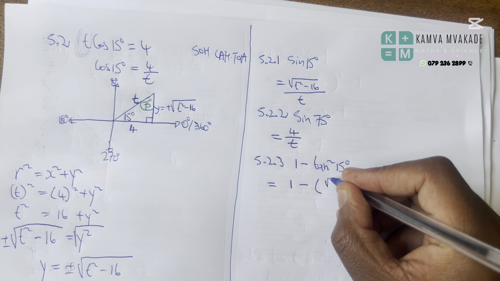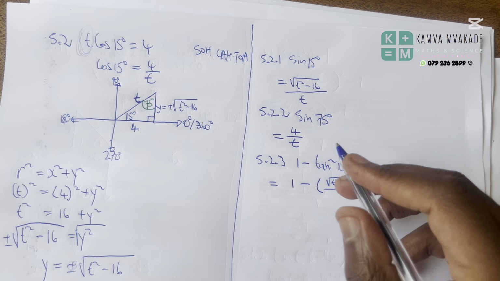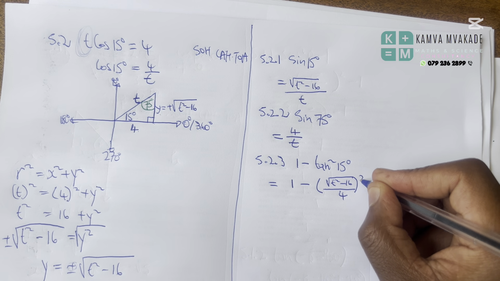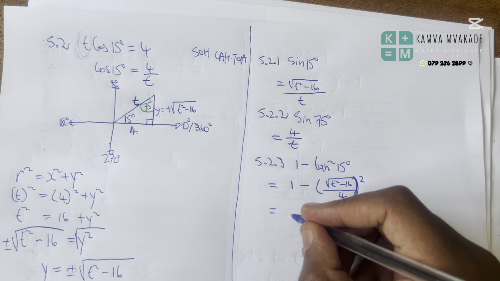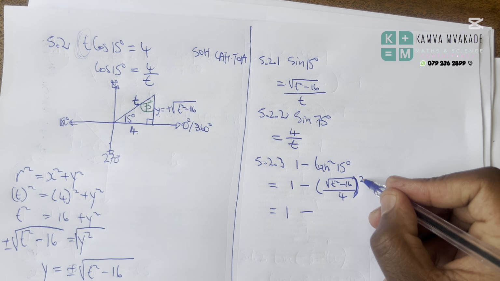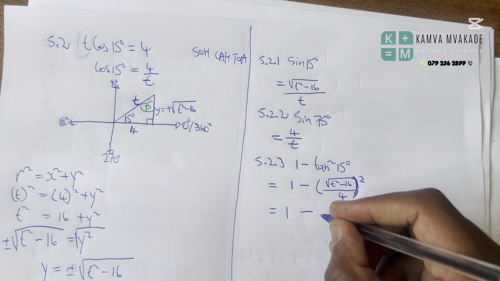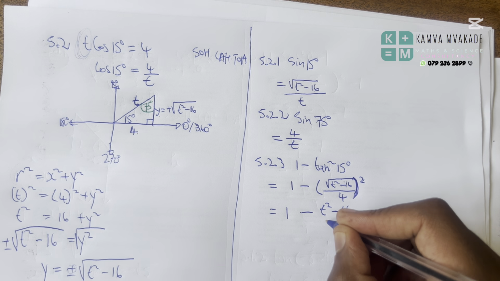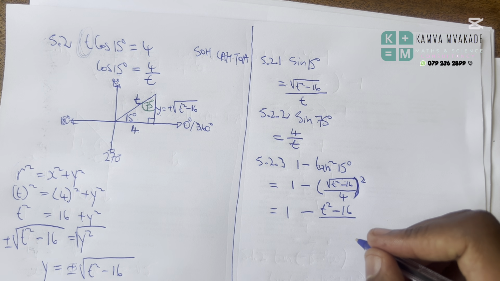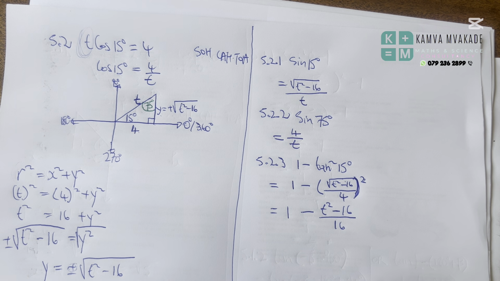So it's going to be the square root of t squared minus 16, all over 4, all squared. So 1 minus that, the squared cancels the square root, and we have t squared minus 16 over what? Over 16, because 4 squared gives us 16.